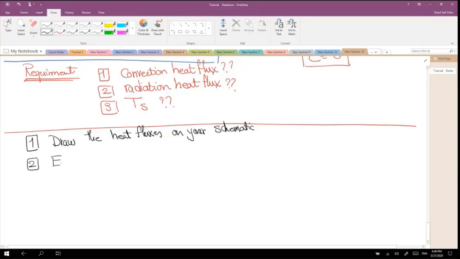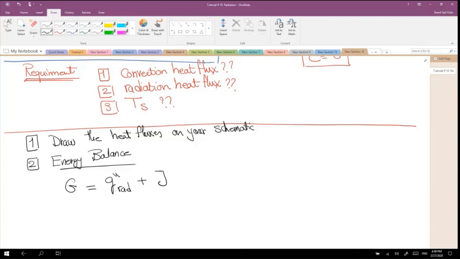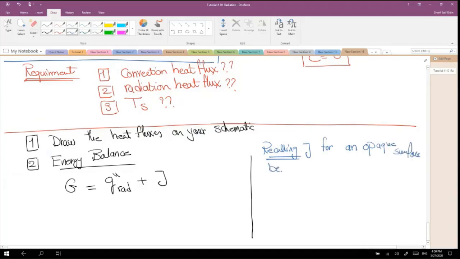The second thing, energy balance. So for the energy balance here, the energy in is G, energy out is q double dash convection plus J. We're calling it J for an opaque surface because the bottom side of that surface is insulated and tau is equal to 0.